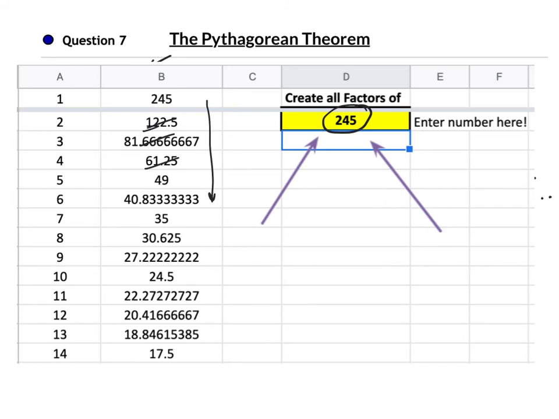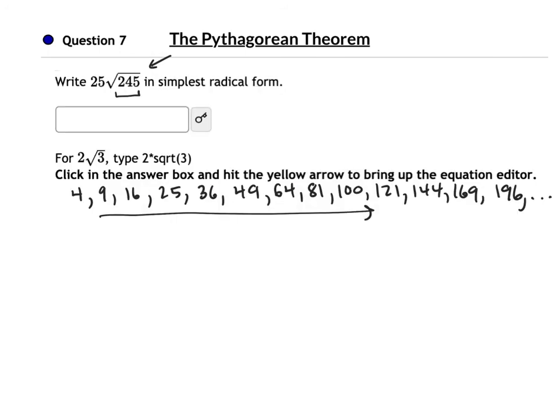We want perfect squares. Well, notice that 49 is a perfect square, and it's 49 times 5. And 5 is prime. It doesn't have any more perfect squares in it, so we know that 49 is the biggest perfect square that divides evenly into 245. 5 times 49. We'll rewrite this as 25 times the square root of 49 times 5. I can take the square root of 49. It's 7.